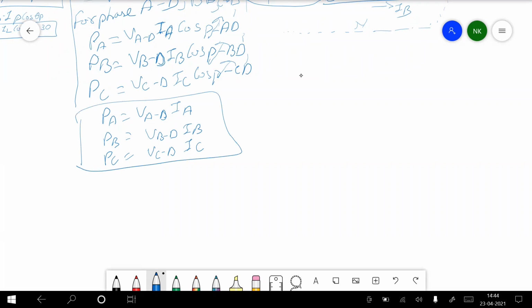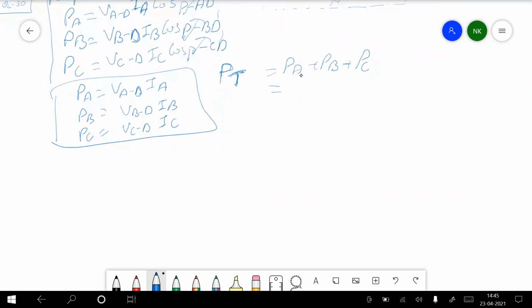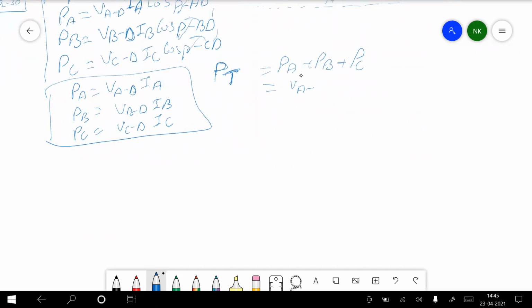So the total power in this would be PA plus PB plus PC, so it will be VAD IA plus VBD IB plus VCD IC.